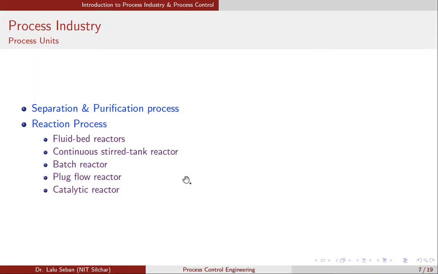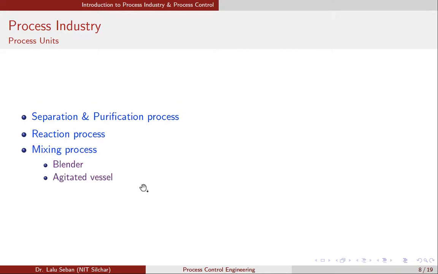Then reaction: fluid bed reactors, continuous stirred tank reactors, batch reactors, plug flow reactors, catalytic reactors, etc. Then the mixing process, in order to mix different solutions using blenders, agitated vessels, etc.